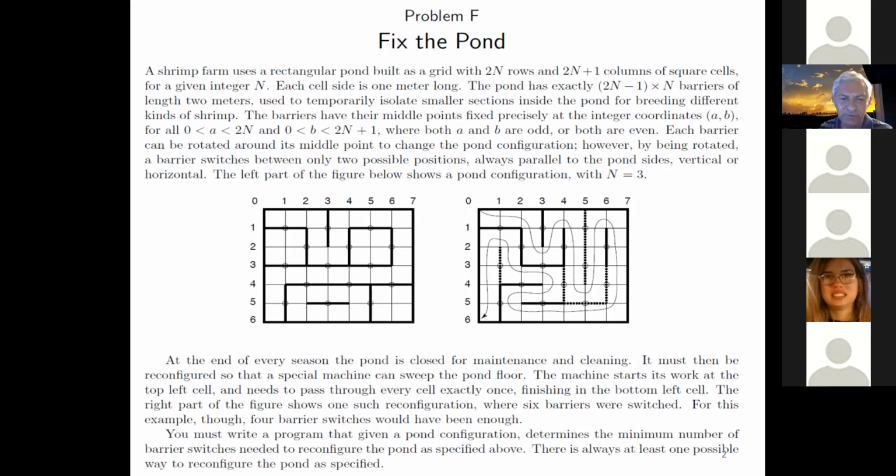You're told that the starting point is right there at the top left, and the end point is bottom left. And you want to flip the minimum number of these in order to get from start point to end point while visiting every cell.